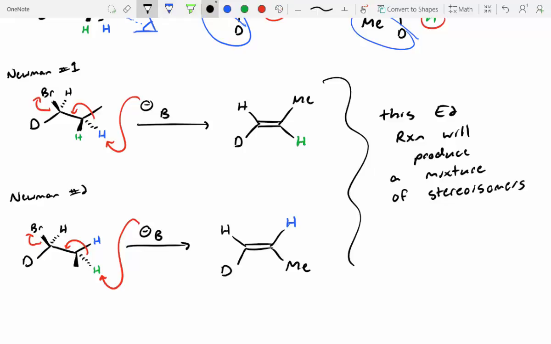Does that mean it's going to be stereospecific? No, stereospecific reactions only produce one product. In this case, do you think it'll even be stereoselective? Are we going to get one of these in a higher concentration than the other, or do you think it's going to be roughly the same? Yeah, roughly the same. So in this case, we know that it's not going to be stereospecific or stereoselective. We would probably get close to a 50-50 mixture out of this.